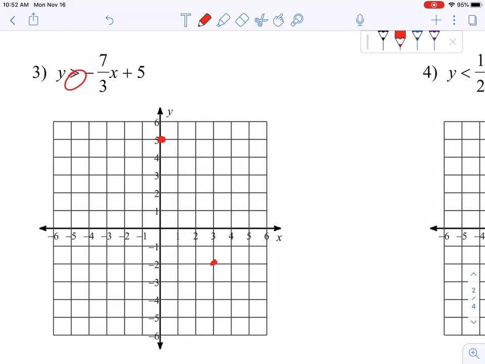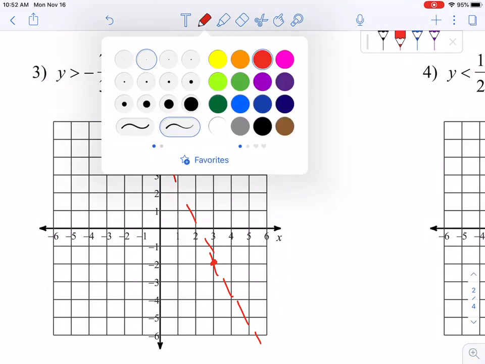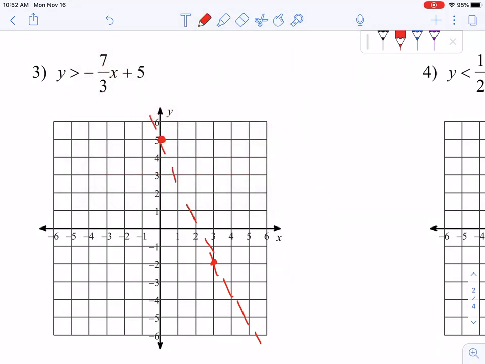So no or equal to means we want a dashed line through our points there. And then we are determining, do we shade up or down? Y is greater than, so we're going to shade above on this side of our y-intercept. So everything over here is above my line.